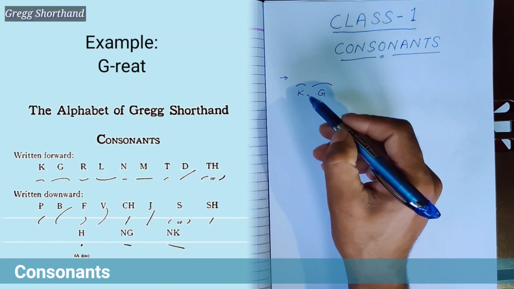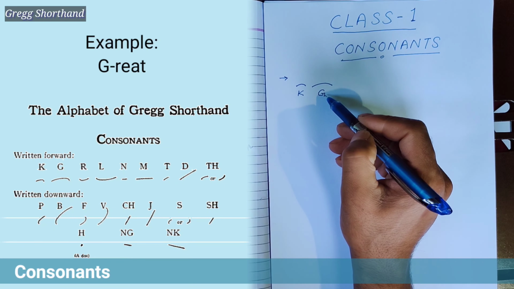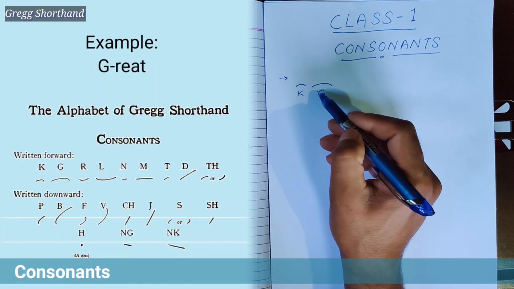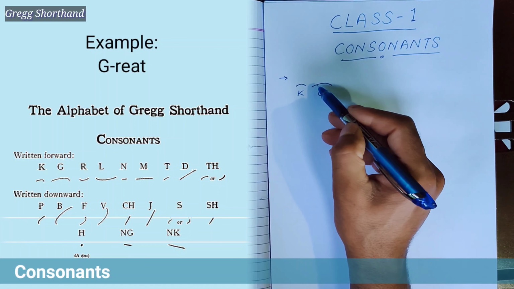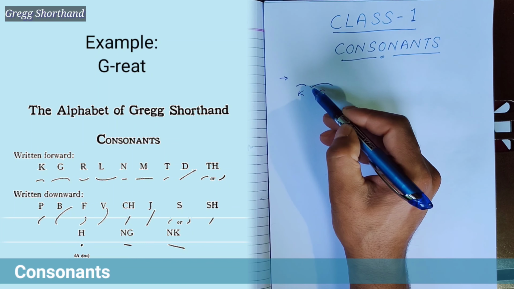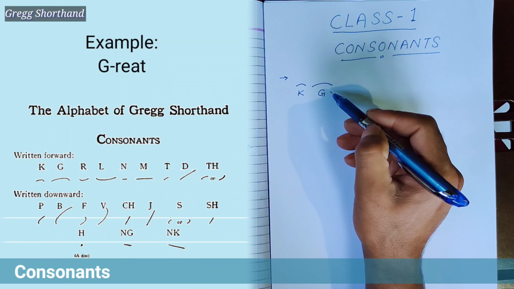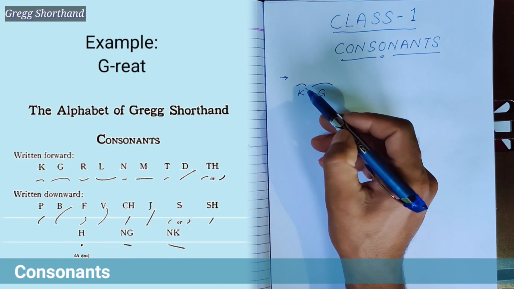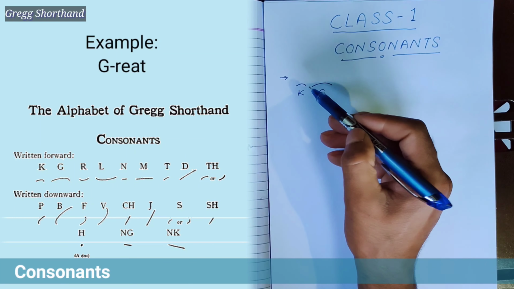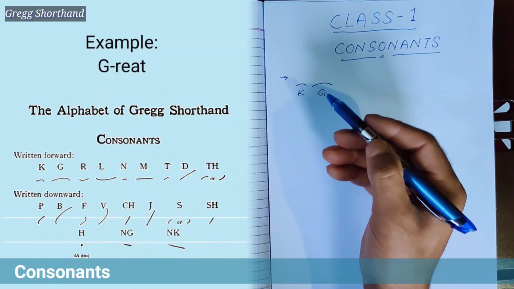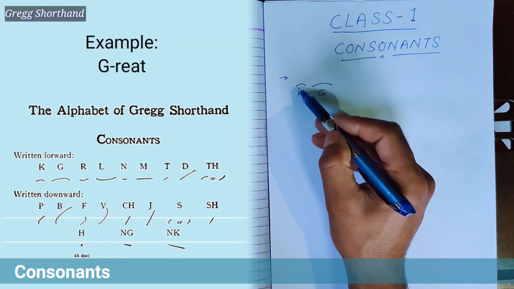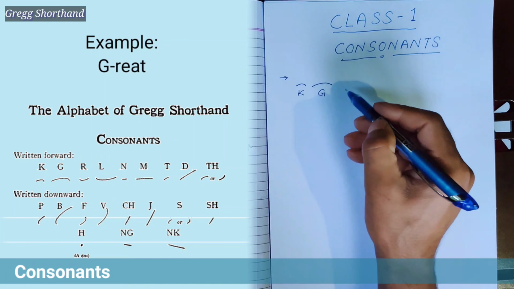So we call this the gay sound. This is the K character. This is gay, a little bit longer than K. The whole of Gregg Shorthand differentiates the characters on the basis of their length. This is shorter, this is longer, right?